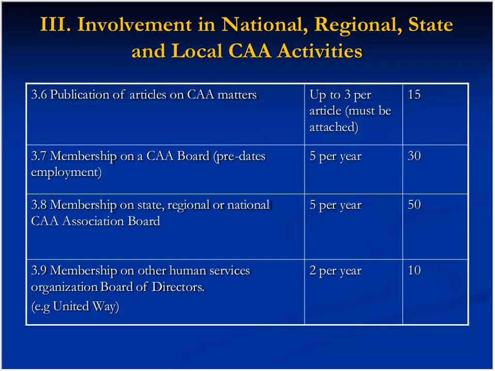Let's take a look at the next 4 in Section 3. Section 3.6 gives you credit up to 3 points per article for any articles that you've published on community action matters. Perhaps you sent an article to a local newsletter. Perhaps you wrote an article in your agency's own newsletter.